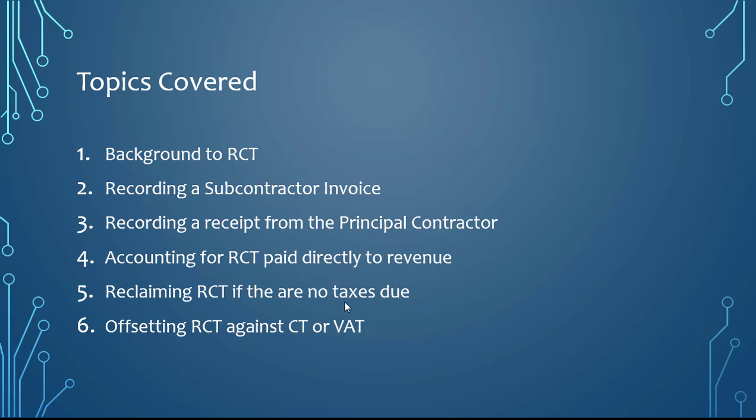Accounting for RCT when it's paid directly to Revenue, we've looked at that, and we've looked at reclaiming RCT if there's no taxes due and recording that on Sage as well. We did our worked example, and then we looked at offsetting our RCT against corporation tax or VAT.